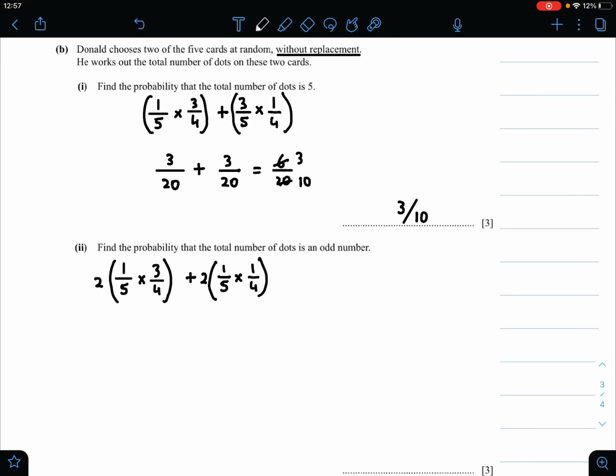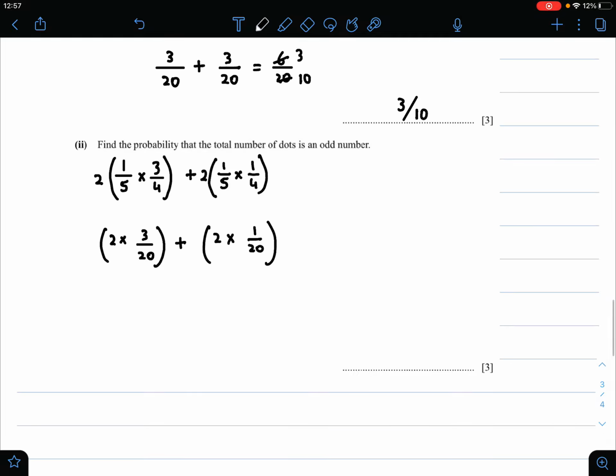Now let's simplify this. So 2 multiplied by 3 by 20 plus 2 multiplied by 1 by 20. Let's simplify this further. You can cancel the 2 and 20 because 20 divided by 2 is equal to 10. Therefore you'll be left with 3 by 10 plus 1 by 10, which is equal to 4 by 10.